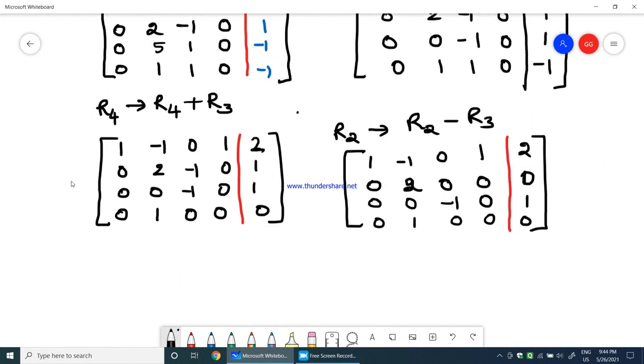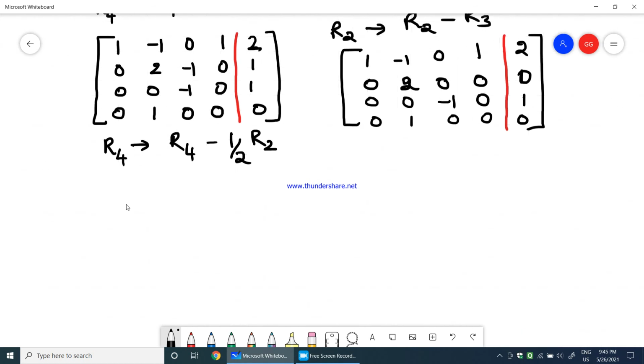So further what we can do, let us check. I can say R4 equals R4 minus half times R2. So that is what I can do. So what will I get?